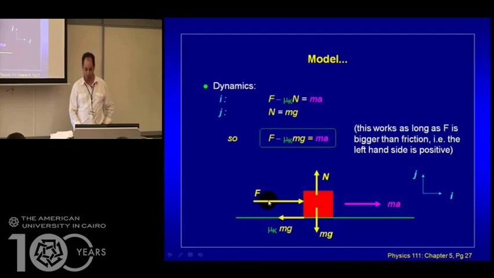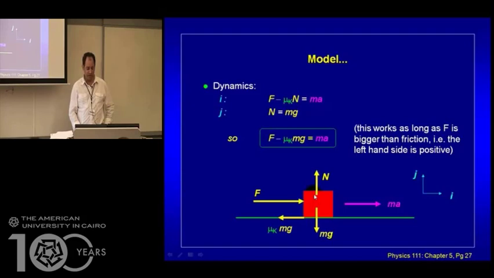It's the force F, the force that we push the object with, along the positive x-axis. The frictional force along the negative x-axis, because it's always in the opposite direction to the motion. The mg down and the normal force up. This is all the forces acting on that object.